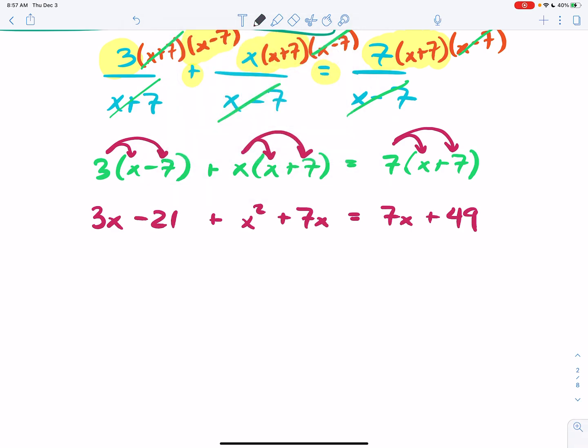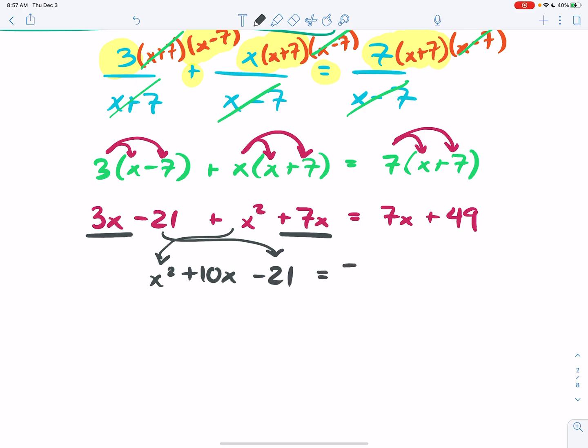Okay, so notice how I have a quadratic, so I want to make sure that one side is 0. But before I do that, maybe I could clean things up a little bit on the left-hand side here. I noticed that 3x plus 7x gives me 10x. And the x squared I'll just put in the front because that's how we normally write it. And the minus 21 I'll put over here.